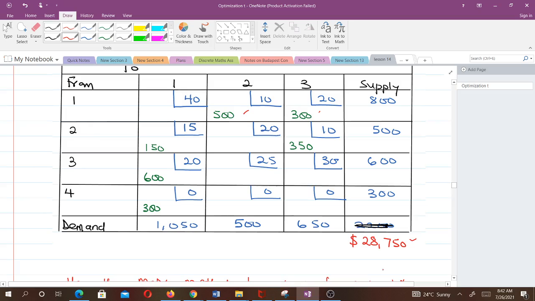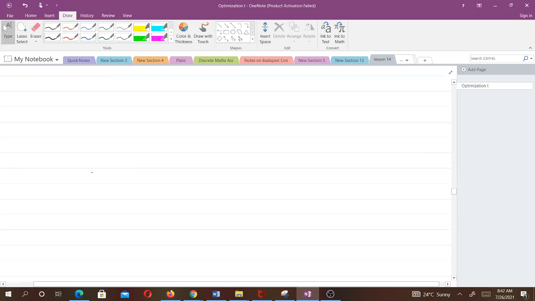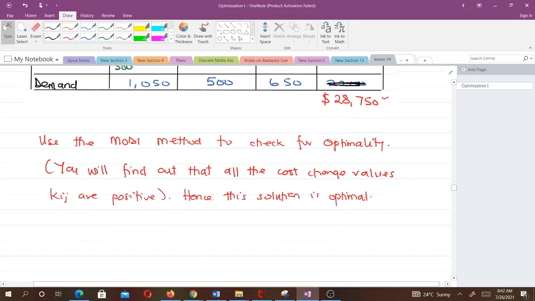So we would have to develop the modal equations, and by now you should know how to develop them, right? Developing the modal equations, you get, for instance, u1 plus v2 equals 10 and so on. Then you find the net cost change.